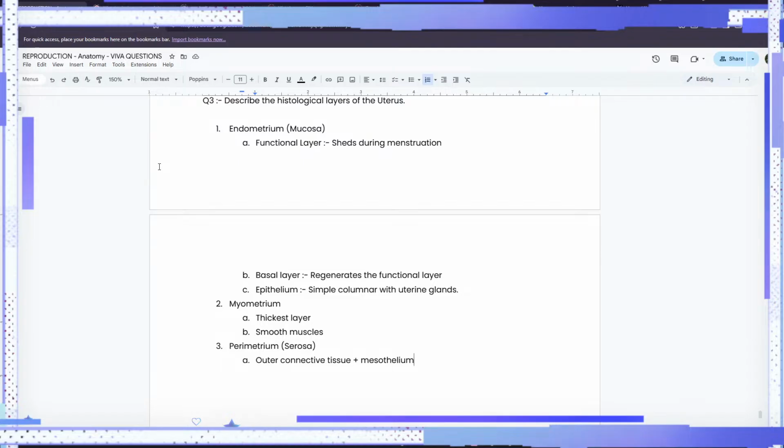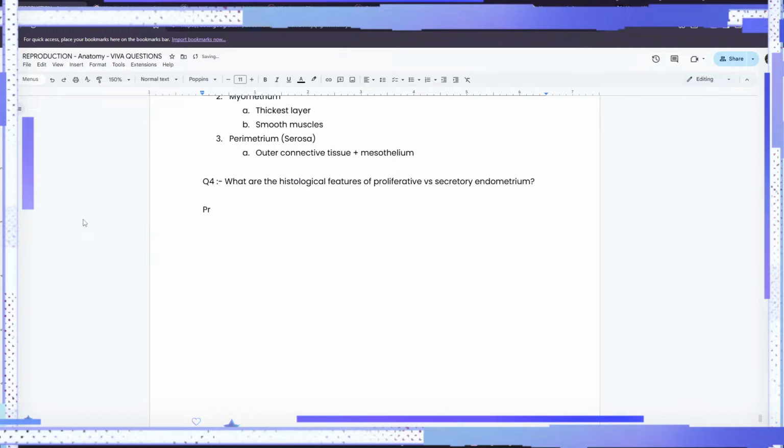Of course, the uterus is not only this, there can be other questions too, right? They can ask what are the histological features of proliferative versus secretory. So we have the proliferative phase.